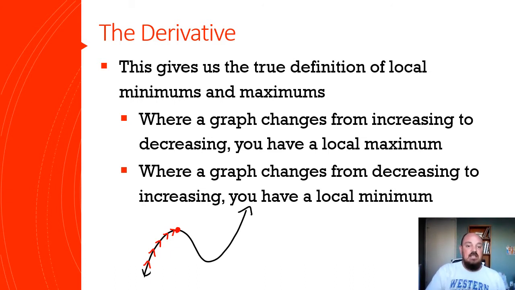As soon as it passes that point, the graph is now decreasing, down, down, until it gets to this point right here, which is the local minimum. Once it passes that point, it starts increasing again, up, up. So that's the true definition of a local minimum or maximum. It's where a graph changes from increasing to decreasing or decreasing to increasing. And that's going to be an important part of what we're getting to, which is the first derivative test.